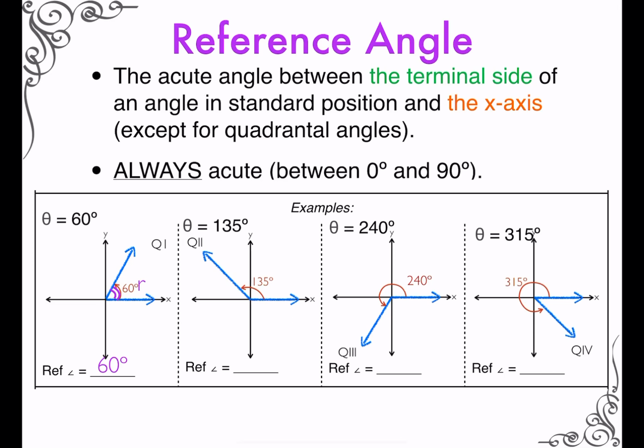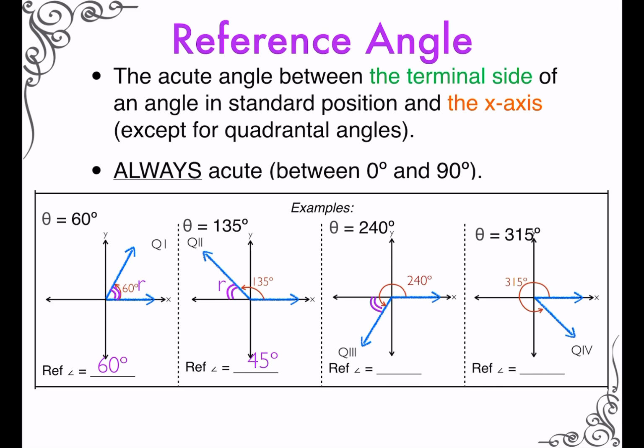All right, for the next example, we have theta equaling 135 degrees. Well, what I would need to ask myself is, is that an acute angle? And it's not. So the reference angle is what occurs between the terminal side and the x-axis. It has to be acute. So in this example, the reference angle is 45 degrees.